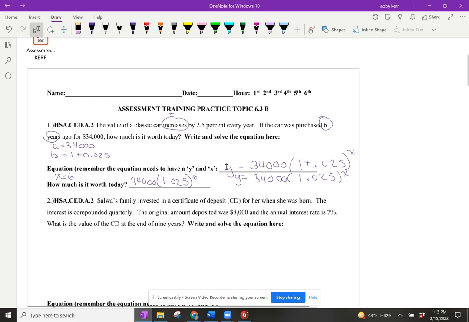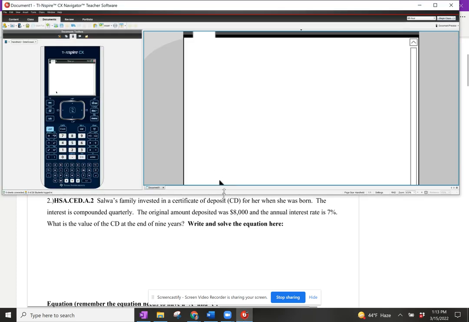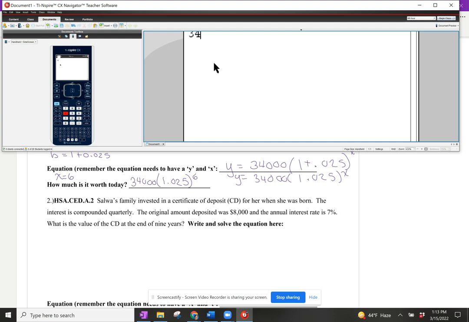So notice that my equation had a y and an x, but then when I'm actually solving the problem is when we put it into the calculator. So we're going to evaluate, that means plugging in the x value to be 6 and getting a number. Now that number, remember we're talking about money.